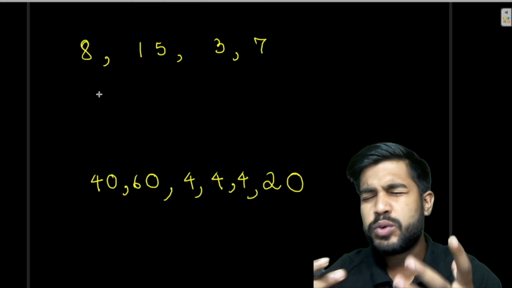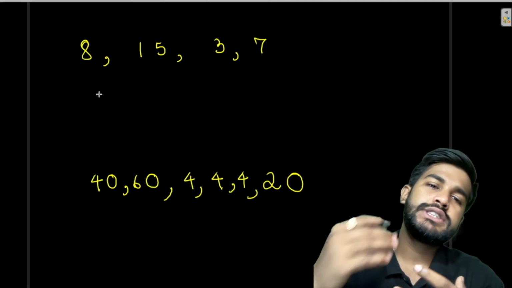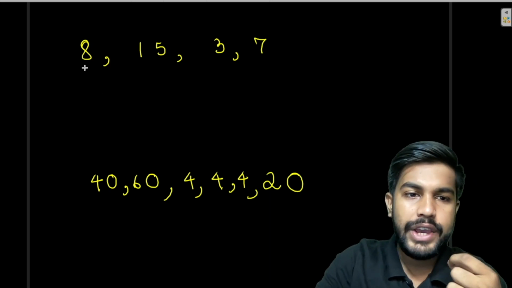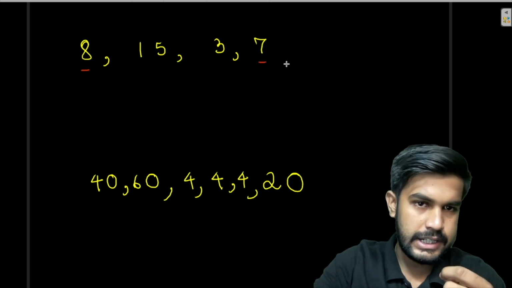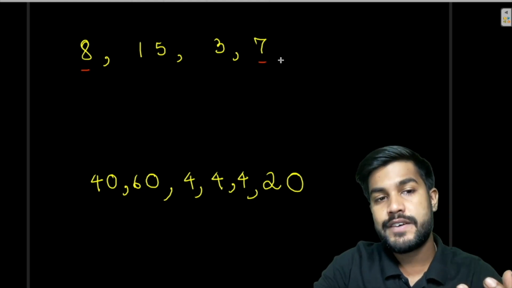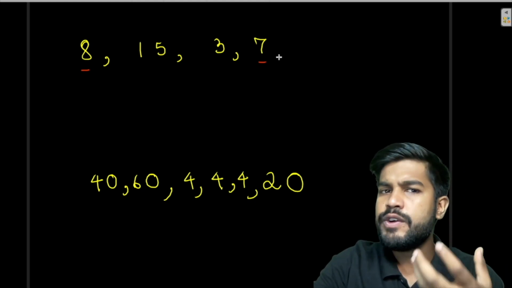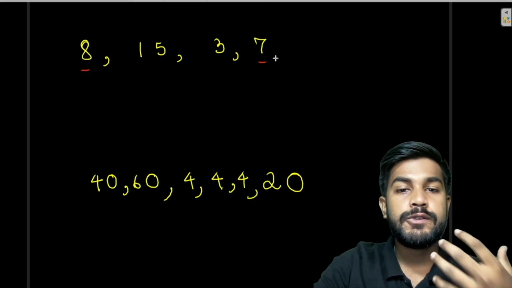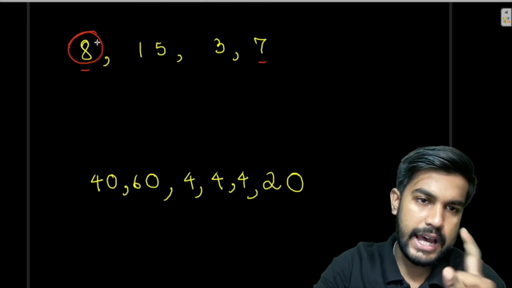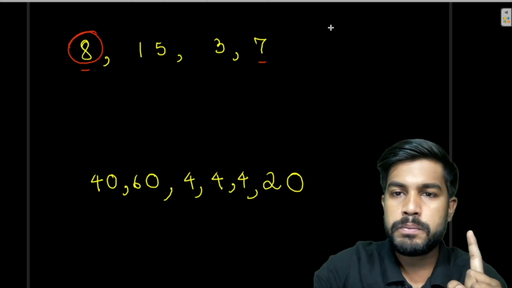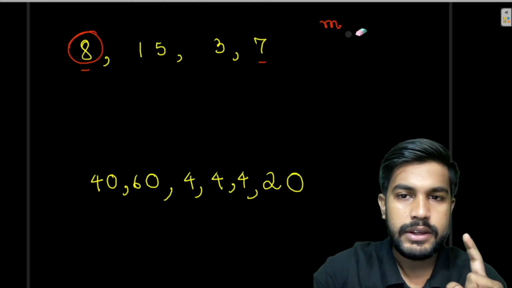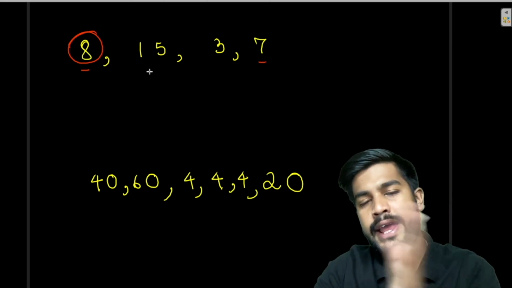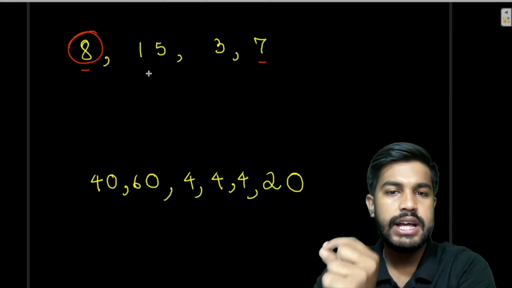Now the easiest or brute force approach that comes to our mind is a greedy solution. We have a way to select either the first element or the last element. If we want to maximize our points, then definitely we would take the element which has the higher value. So we would take this 8 and write A here. Now the next person is left with 15, 3 and 7.